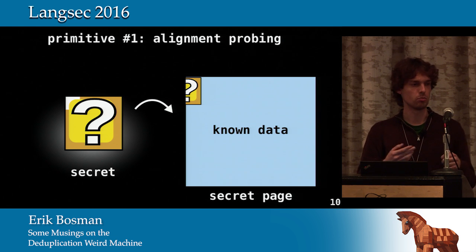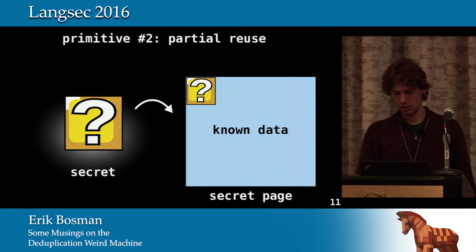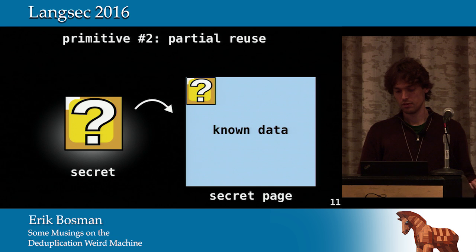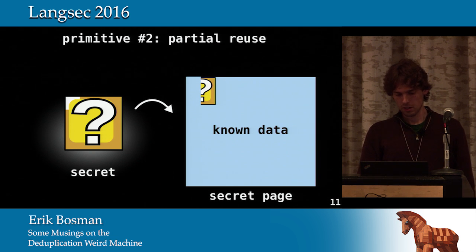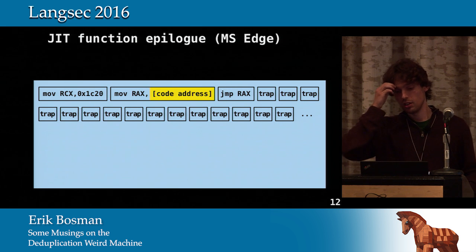So you only have to probe for part of the secret. If you don't control the alignment, there might be a different way of getting what you want, which is to overwrite part of the secret.